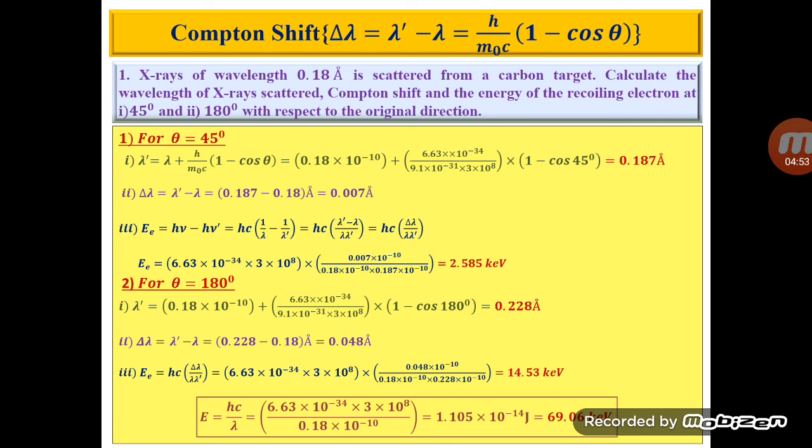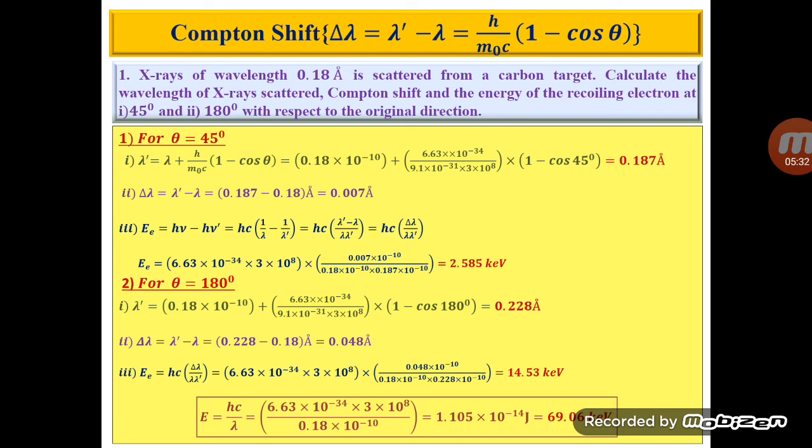Now let us calculate the wavelength of the scattered photon, the Compton shift and the energy of the recoiling electron for theta is equal to 45 degree. In order to find the wavelength of the scattered X-ray photon, one can write the expression for lambda prime as lambda plus h by m naught c into 1 minus cos theta. In the given problem, the value of lambda is 0.18 angstrom, and for the first case theta is 45 degree.